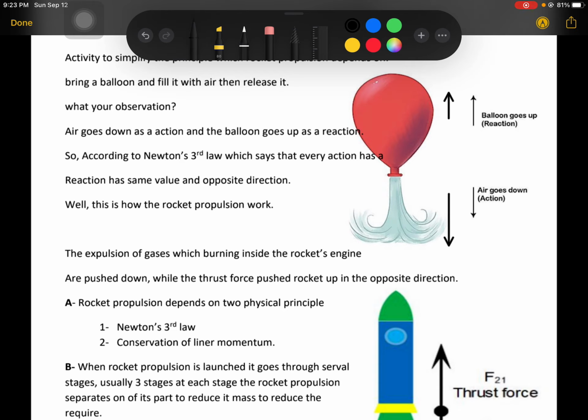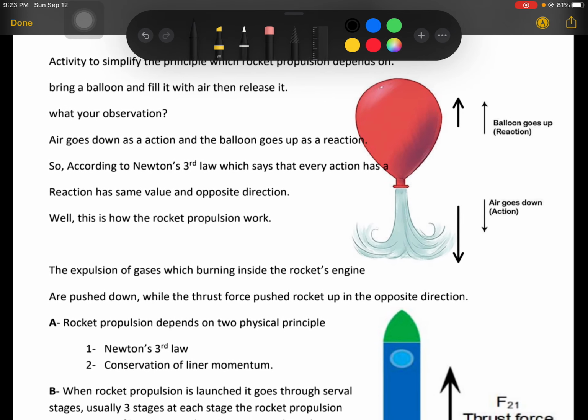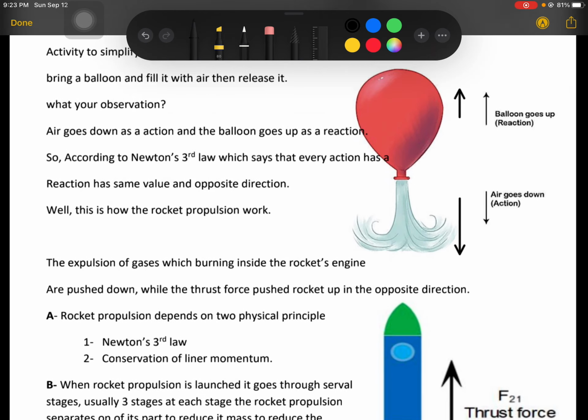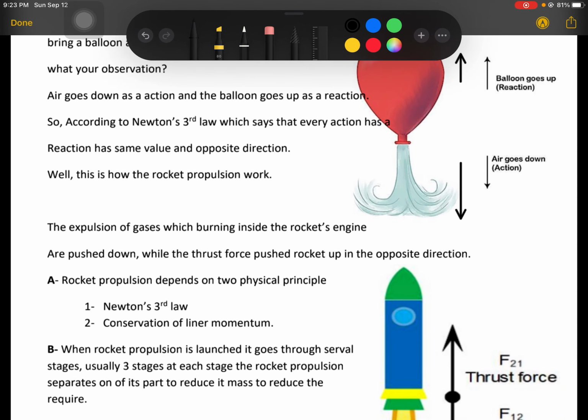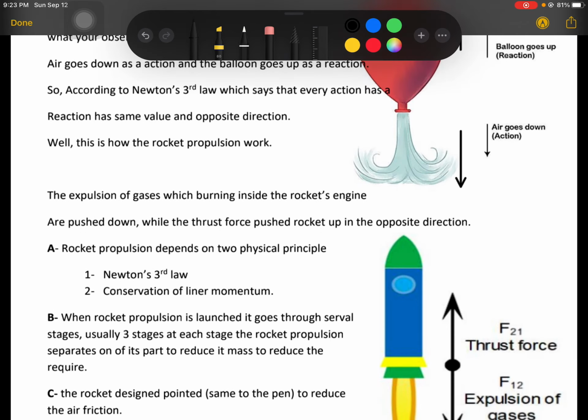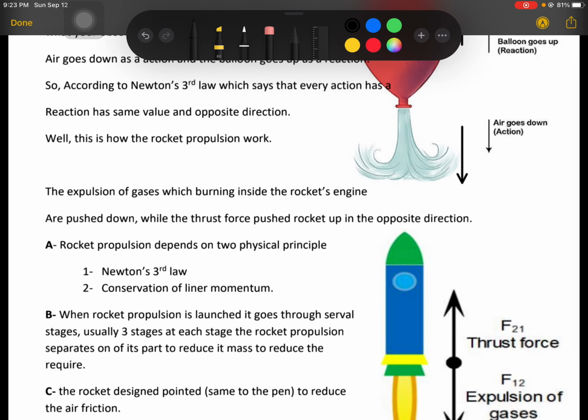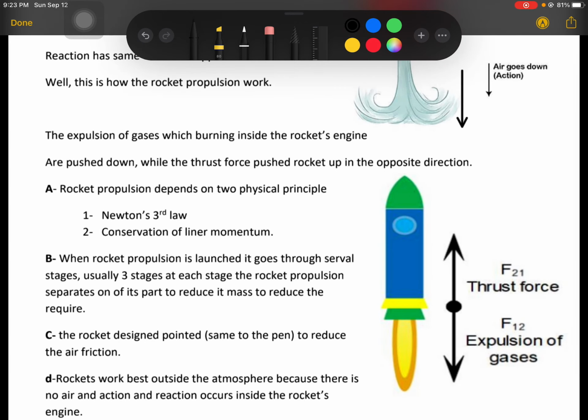So this is the rule of Newton's third law, if you remember, which we studied before. We can also apply this on the rocket to determine how rocket propulsion works.